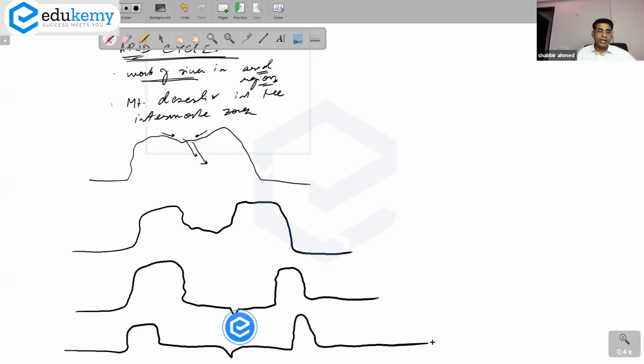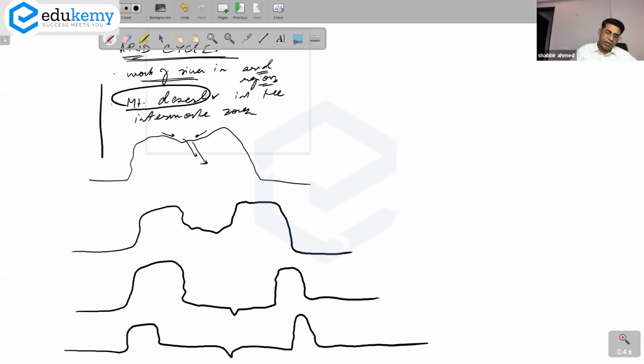So remember this, it is not a cycle applicable for deserts. It is a cycle applicable for work of rivers in arid regions, and it applies to mountain deserts. Mountain deserts basically are elevated mountains inside the desert.